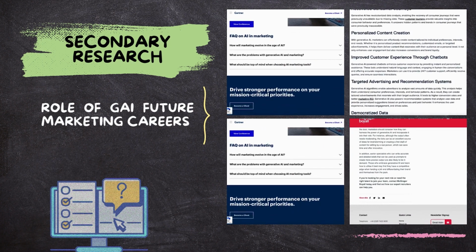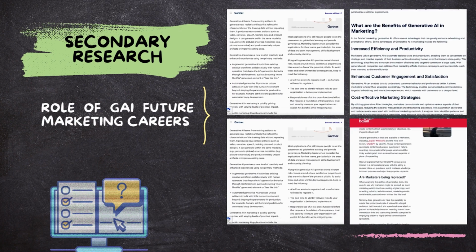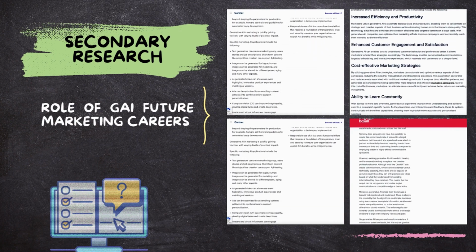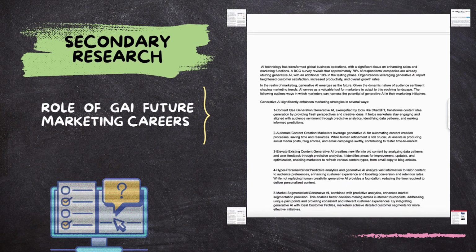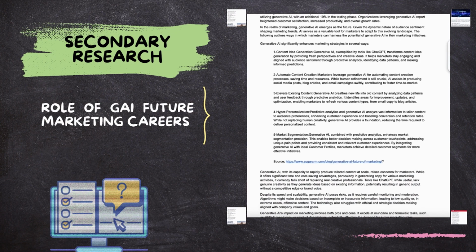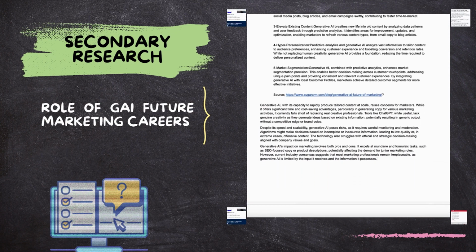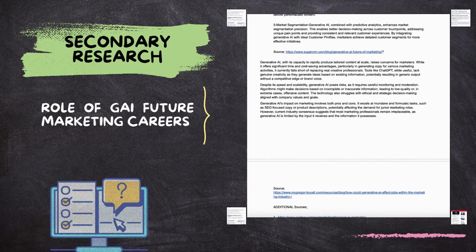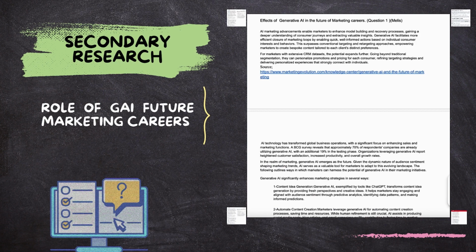According to articles examined, in the future generative AI will help marketers do their research processes more quickly. In that case, there will be more time for them to be more creative in their thinking processes. The results I found generally were positive. Secondary research helped to get answers and understand the question better. In that case, it can be said that generative AI will benefit marketers in their future careers.